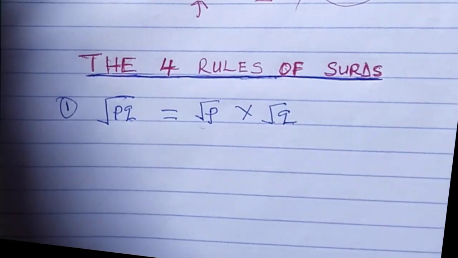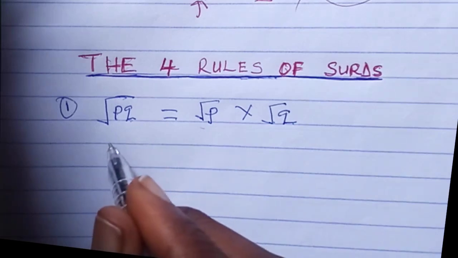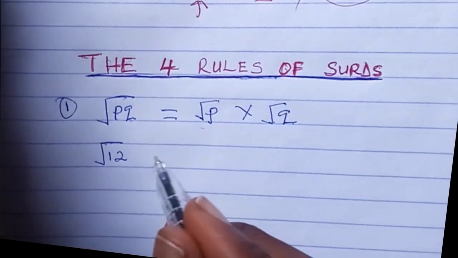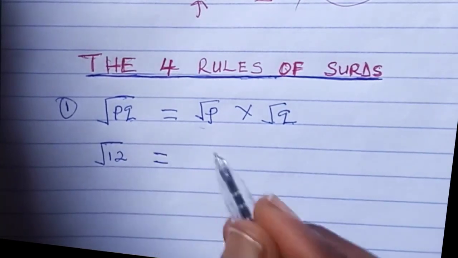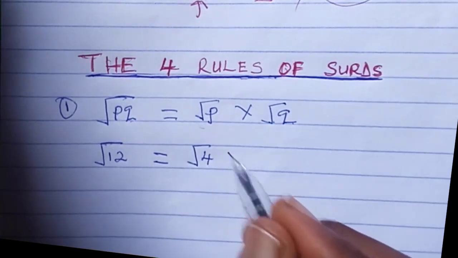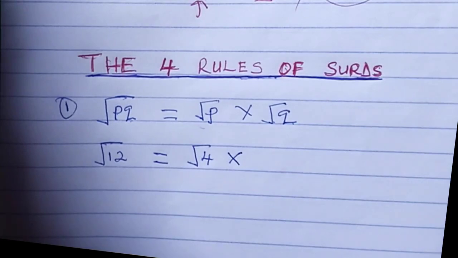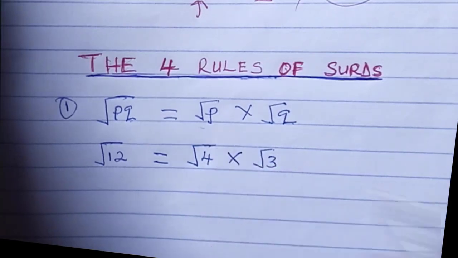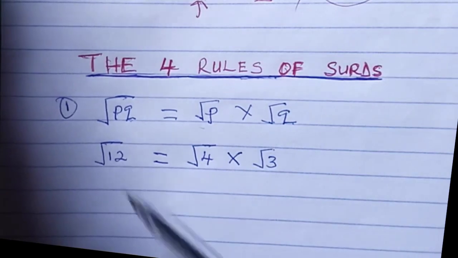For example, if we have root 12, root 12 can be expressed as root 4 times root 3. Remember that 4 times 3 is giving us 12.